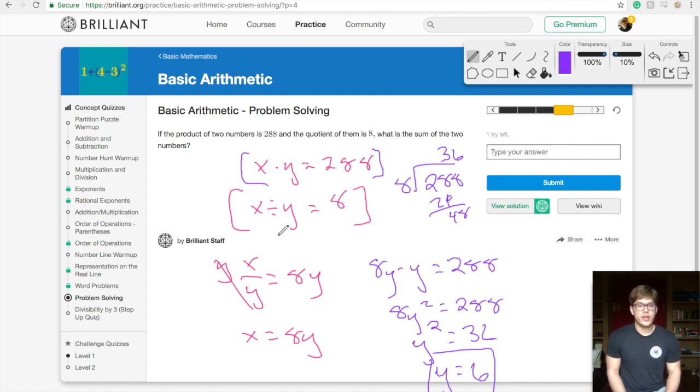And then last time we plugged y into the first equation, and then divided 288 by 6. Well, here, let's think about it. If we look at the second equation, what do we have? Let's clear up a little bit of space.